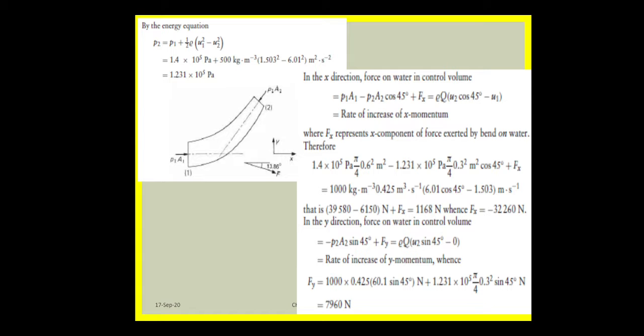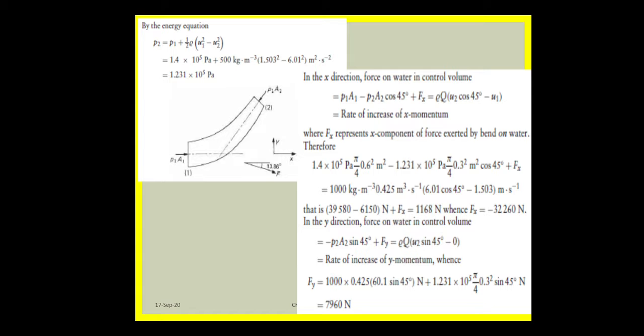In the y direction, the force of water in the control volume is the same. Taking the y direction formula, minus, because we took minus there, the same thing you have to write: minus P2A2 sin 45 plus Fy, that is equal to rho Q of u2 sin theta minus 0.